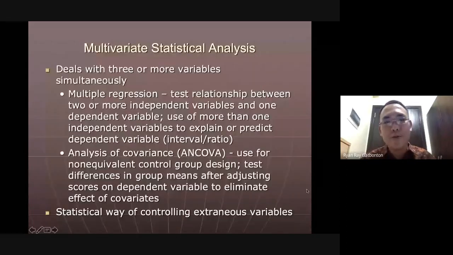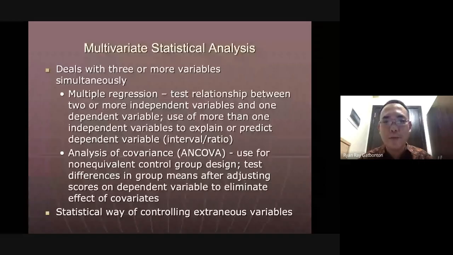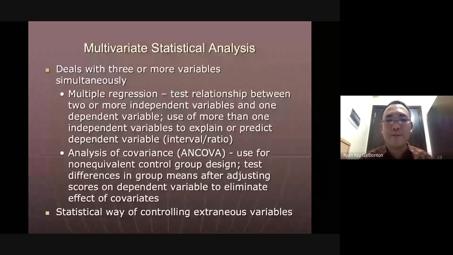Now, there are also what you call your multivariate statistical analysis, where we use different types of statistical analysis for three or more variables. It can be in the form of multiple regression. Pag sinabing multiple regression, it tests the relationship between two or more independent variables and one dependent variable, provided that they are at the interval or ratio level of measure.